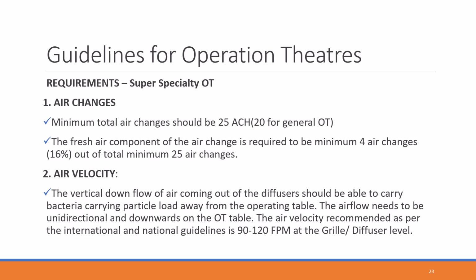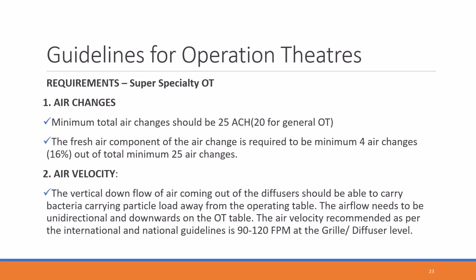The air changes: minimum total air changes should be 25, or 20 for general OT, and the fresh air component of the air changes is required to be a minimum of 4 air changes, that is 16% out of the total minimum 25 air changes.